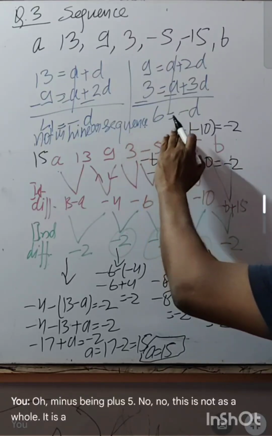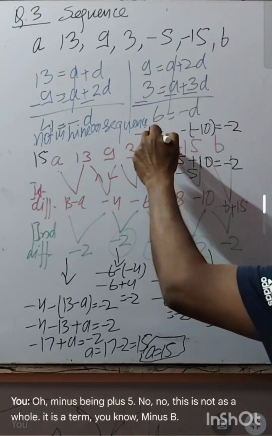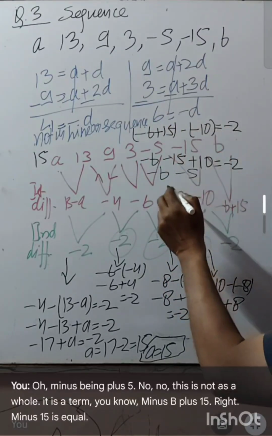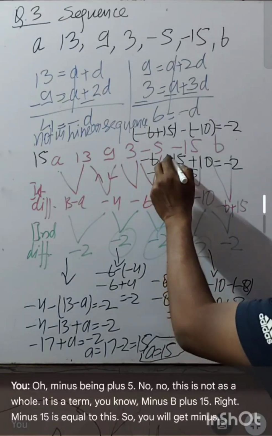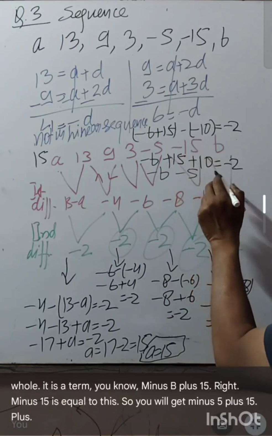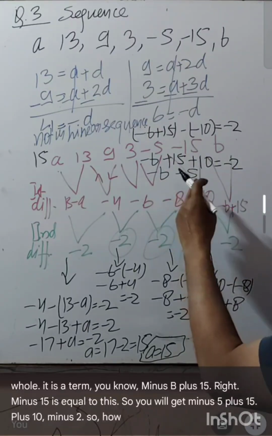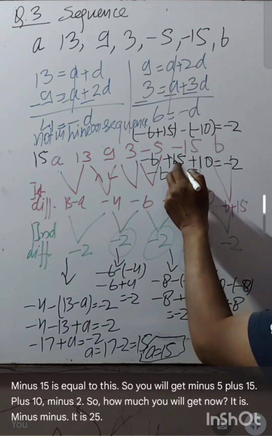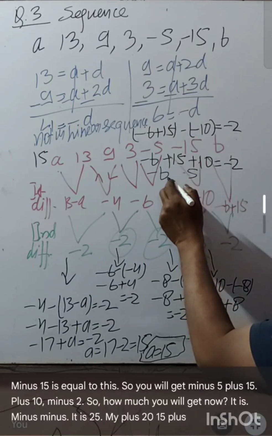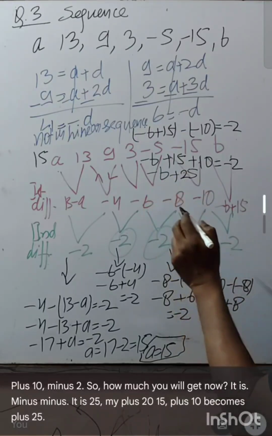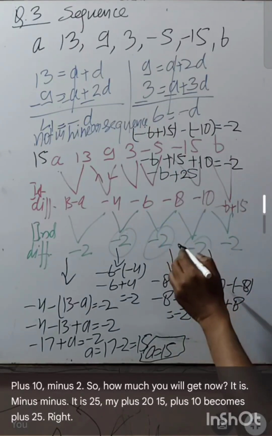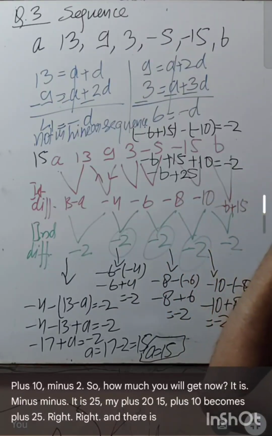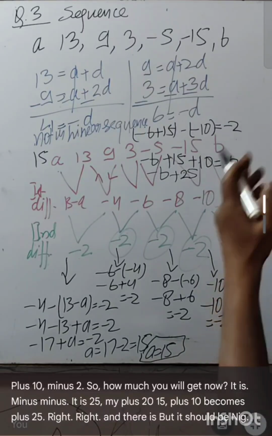It is a term, minus B plus 15, right? Minus 10 is equal to this. So you will get minus 5 plus 15 plus 10 minus 2. So how much will you get now? It is 25. 15 plus 10 becomes plus 25, right? But it should be in negatives. We are getting it in positive.